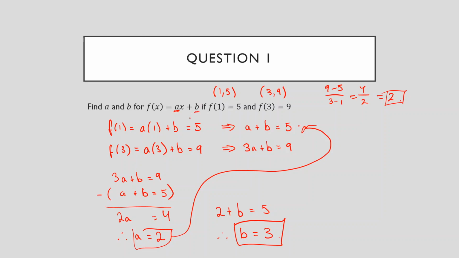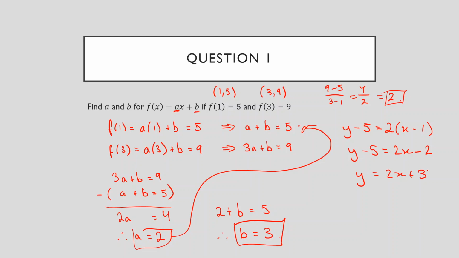What you could do is take one of the points and substitute it into y minus y1 equals m times x minus x1. So we'll do the first point: y minus 5 equals 2 times x minus 1, so y minus 5 equals 2x minus 2, and y equals 2x plus 3.